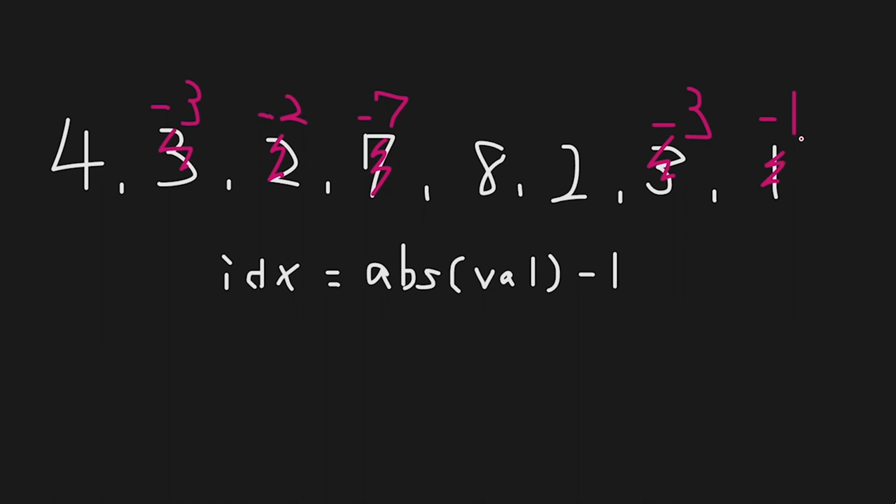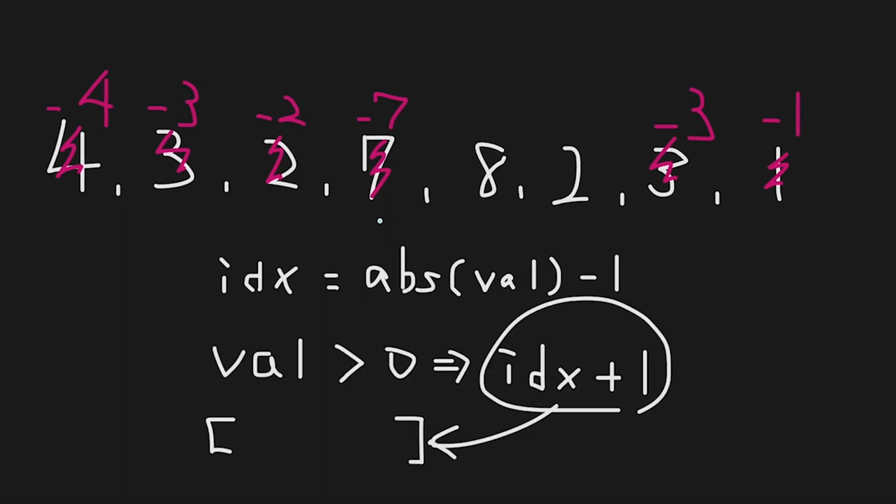And then move next, minus 1, so the absolute value is 1, minus 1, so index 0. Check index 0, and the 4 is positive, so multiply by negative 1. So we get a negative 4.